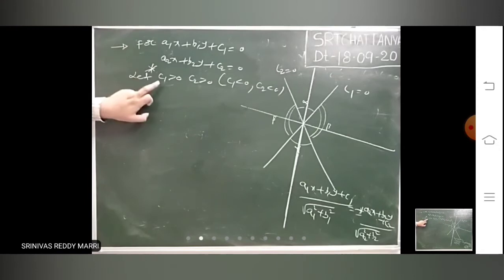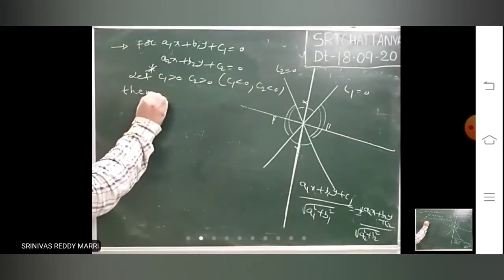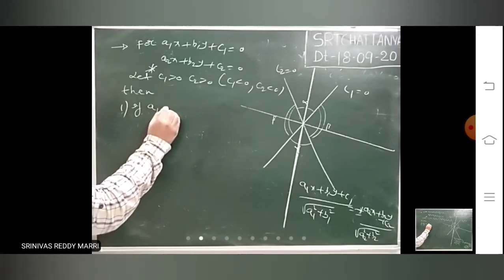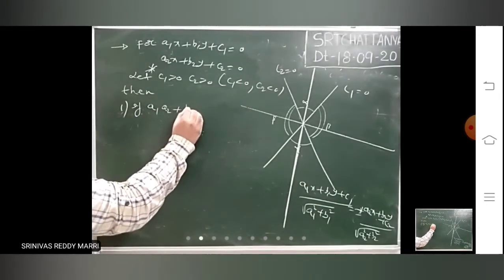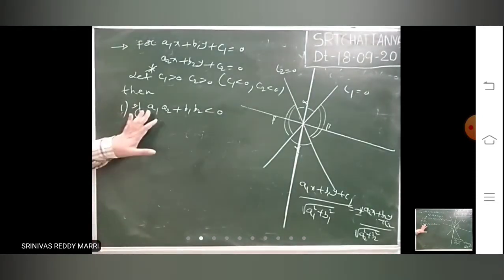If two lines are there whose constants are positive, then remember the formula of this. If a1 a2 plus b1 b2 less than 0, write this one.